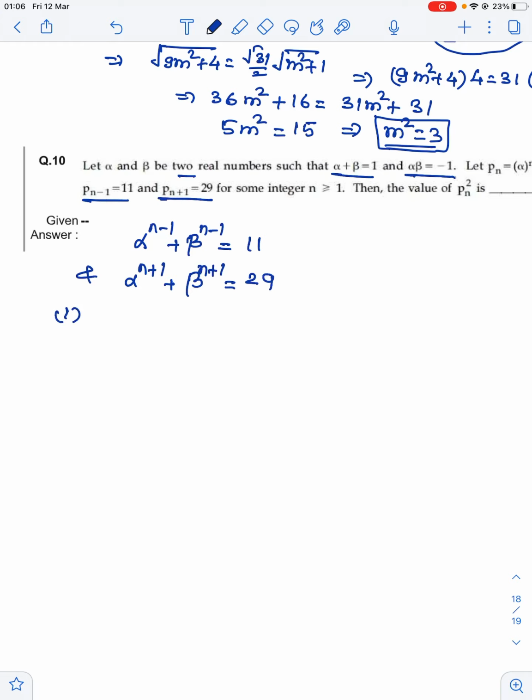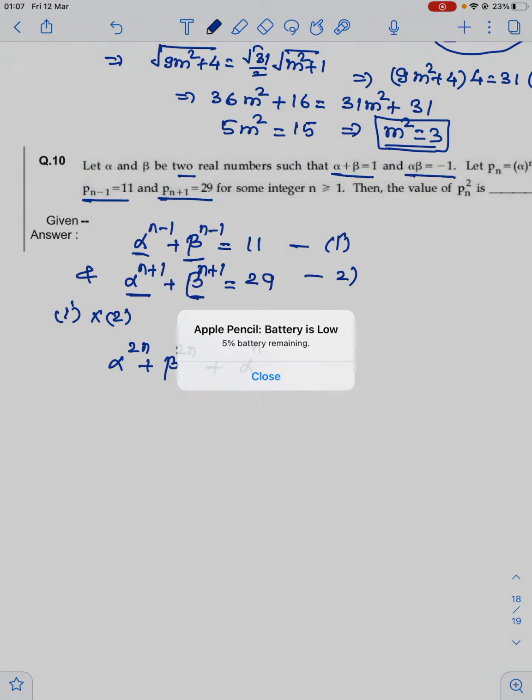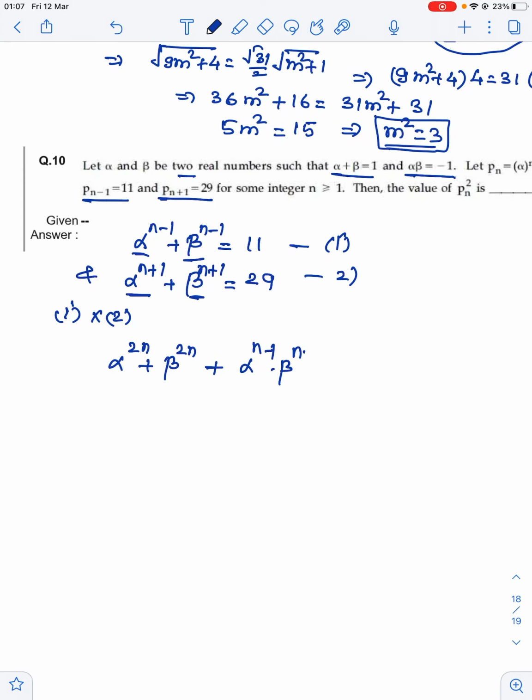If I multiply these two side by side, equation number 1 into equation number 2, we get alpha to the power 2n plus beta to the power 2n, and similarly this alpha multiplied with this, so alpha to the power n minus 1 into beta to the power n minus 1 common, alpha square plus beta square inside, outside it is 11 into 29, 330 minus 11, 319. It comes to 319.